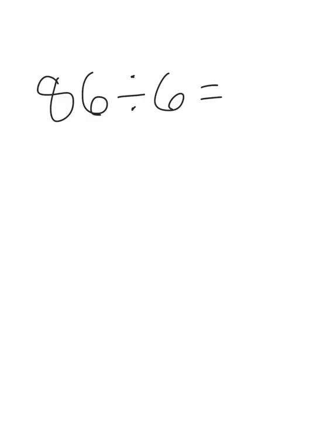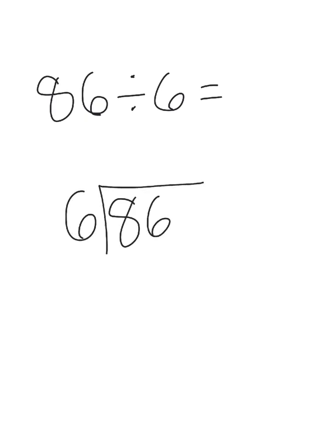I did this one on a clean page because I ran out of room. If I'm going to do 86 divided by 6, remember to put your 86 in your bracket and 6 on the outside. Now I can say, how many times does 6 go into 8? Well, the answer is 1, because 6 times 2 is 12. That's too many. So now I'm going to multiply 6 times 1, which is 6.